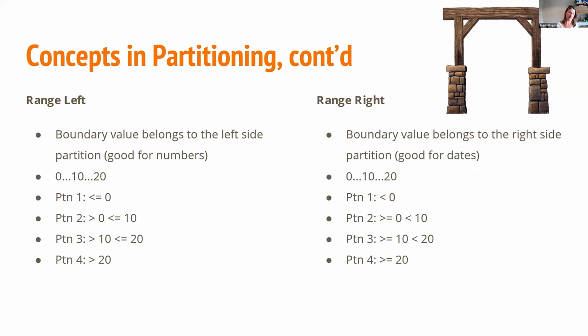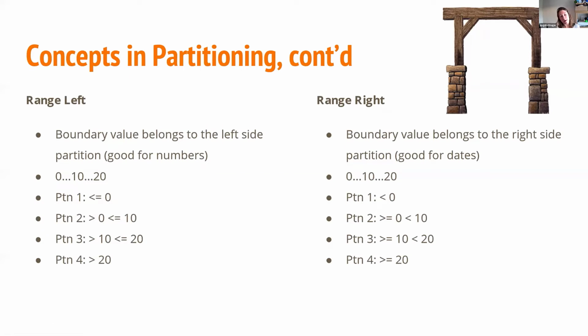Well, it's going to fall in your very first partition on the left-hand side of the 0, because in your range left, less than or equal to 0 will fall into partition 1. In your right range, less than 0, so -5, easy, partition 1. If we're looking at +5, well, it's between 0 and 10, so partition 2, dead easy.